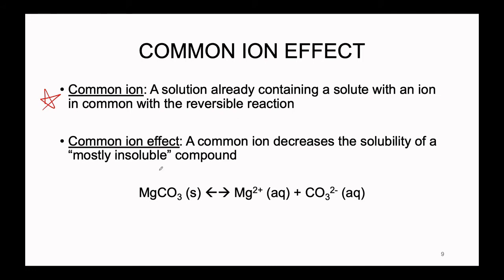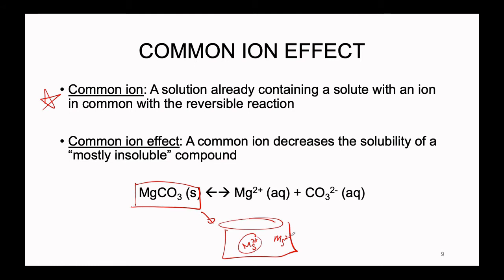In other words, if we wanted to add magnesium carbonate into a solution, not a pure water bath, but a solution of magnesium 2+. Let's say there's just a bunch of magnesium 2+ already floating around in the solution, and we add magnesium chloride to it. The magnesium 2+ that's already present in solution is going to be the common ion.